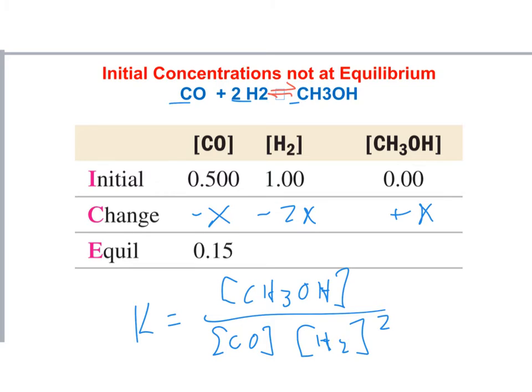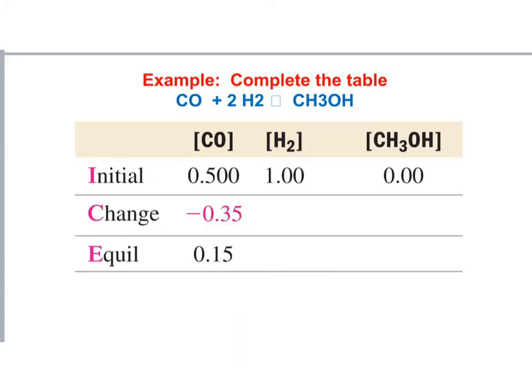Now, if I know the starting point and I know the equilibrium point of this problem for CO, I know what X is. I just set up an equation that says 0.5 minus X equals 0.15, and I solve. Then I know what 2X is, I know what X is, and I can get the equilibrium conditions. So here it is: negative 0.35.